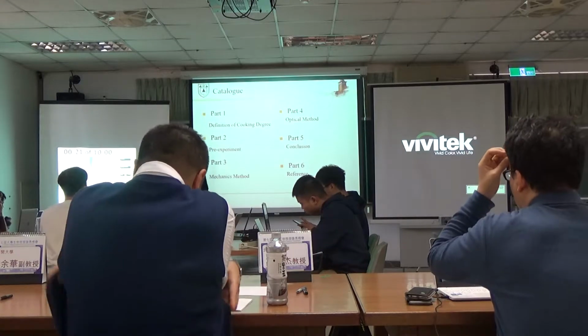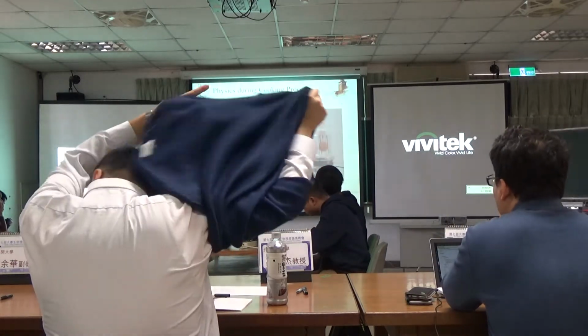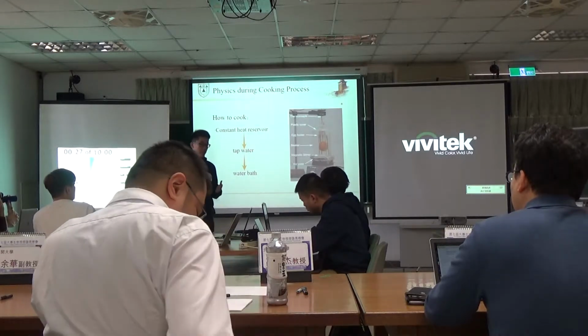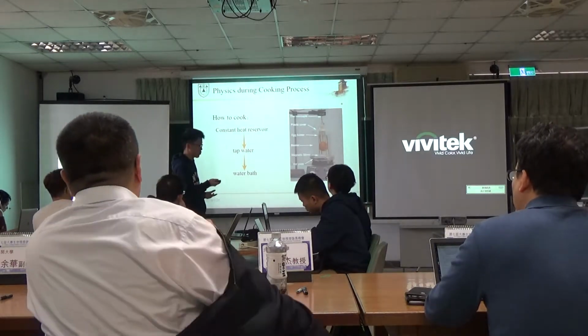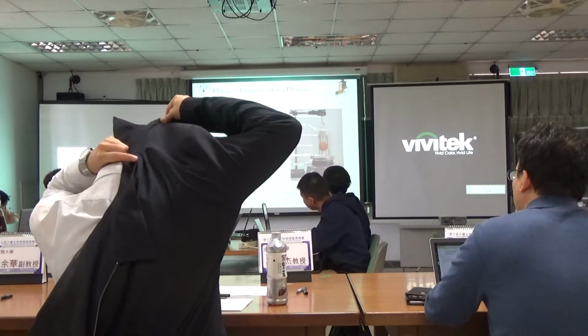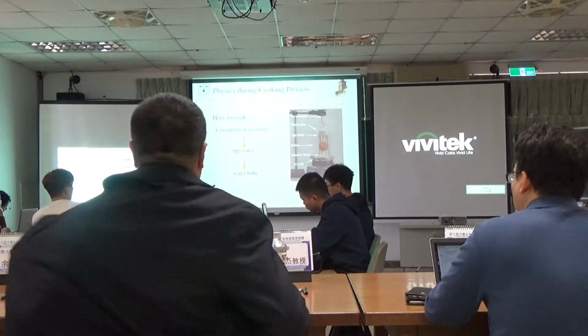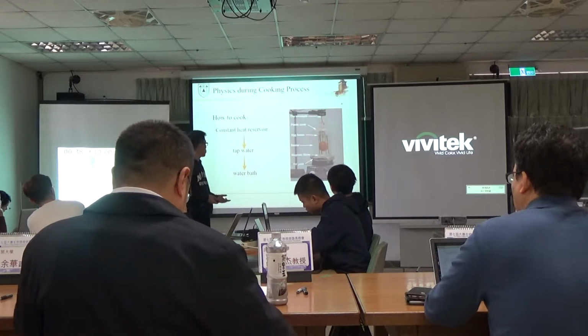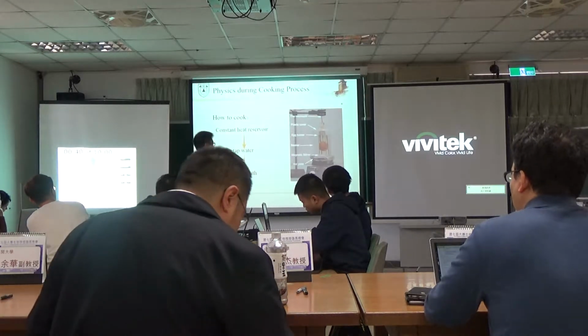This is the catalog of my speech. So first, it is an open question, so we need to make something clear. That is, what is the cooking process? We think cooking needs a constant heat reservoir, needs tap water and water mass, just like the picture shows.